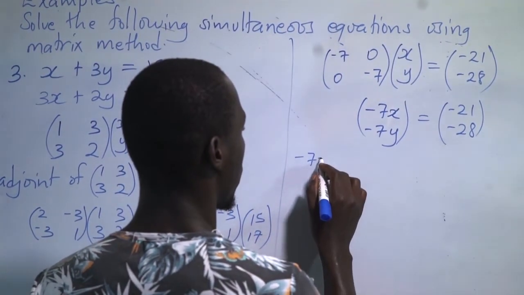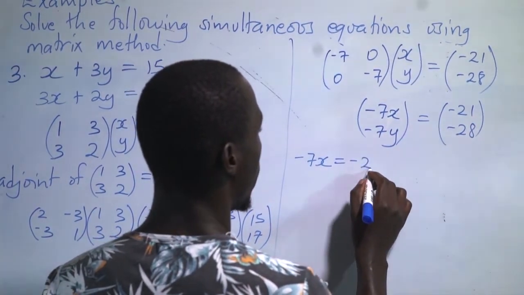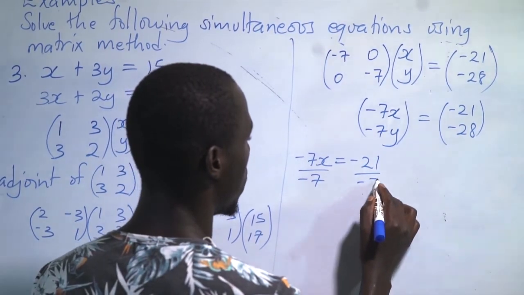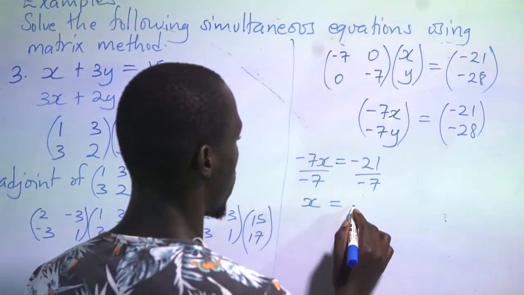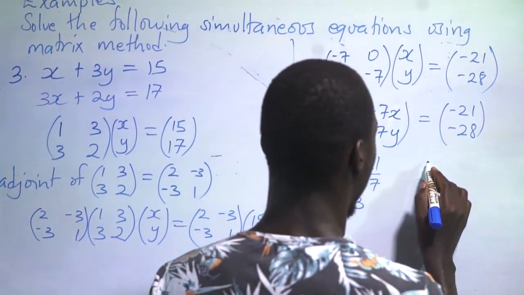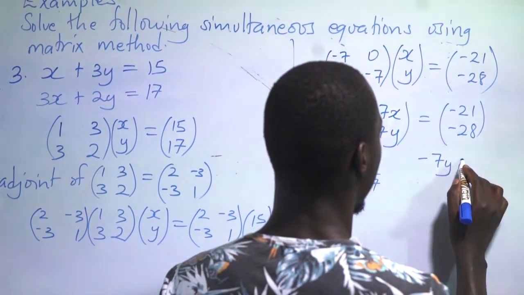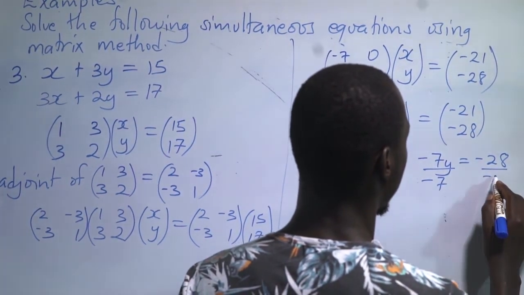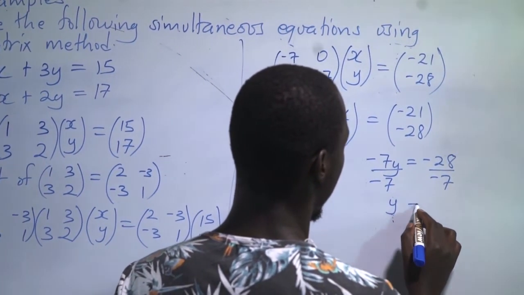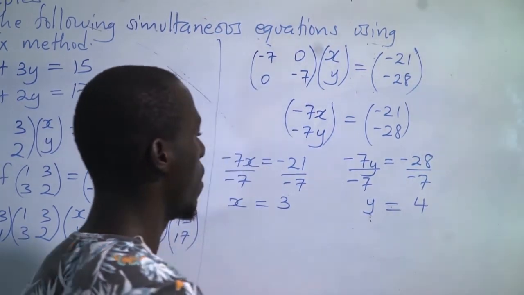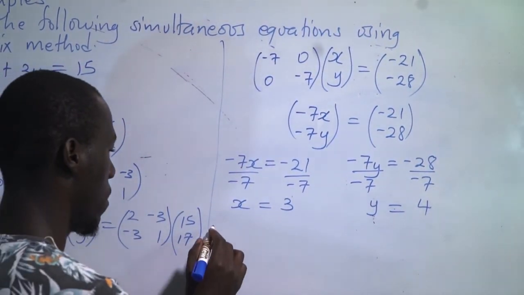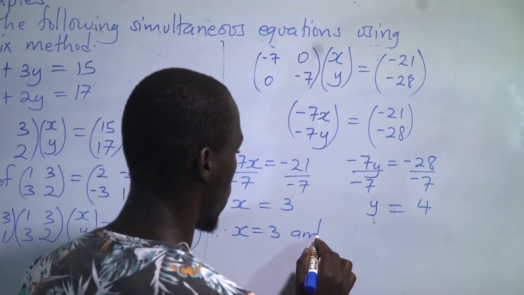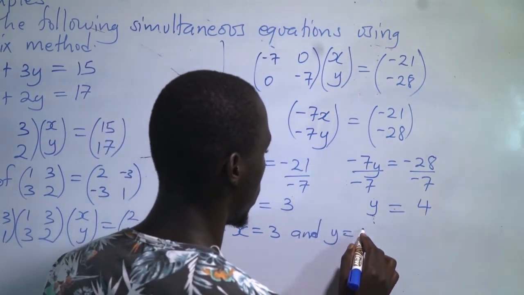So the negative 7x is equivalent to negative 21. Dividing both sides by negative 7, I get the x value as a 3. Then the negative 7y is equivalent to negative 28. Dividing both sides by negative 7, I get the y value as a 4. So therefore my x value is 3 and the y value is a 4.